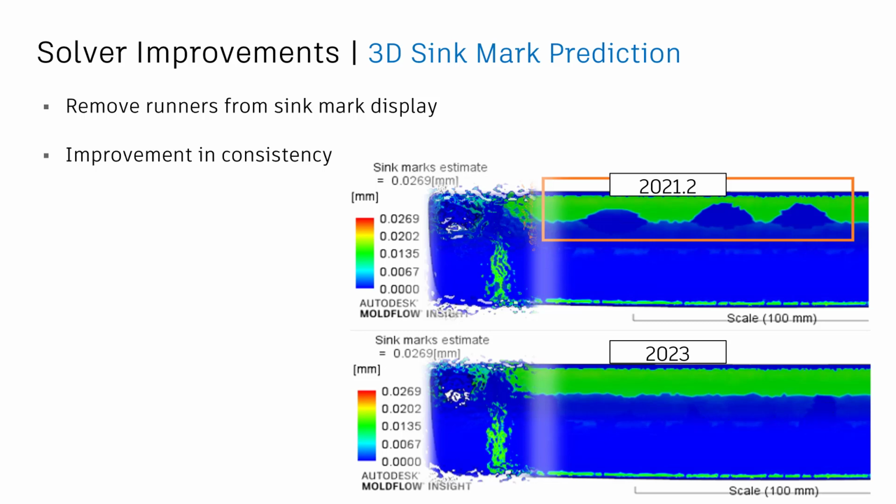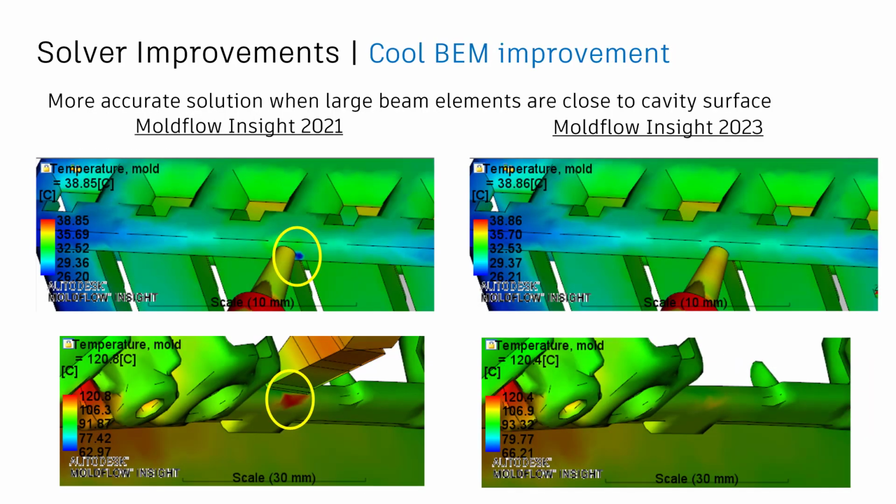But from 2021 onwards, 2021.2 and now 2023, the sink mark predictions have improved significantly, not only in the rib area but also in the areas which are chunkier, which have high thermal drops or hotspots. We are able to predict the sink marks much better.